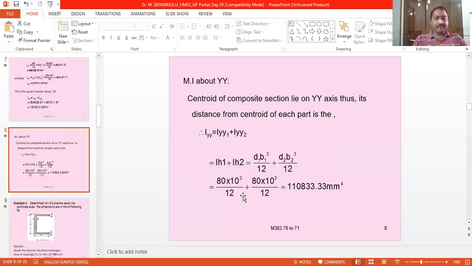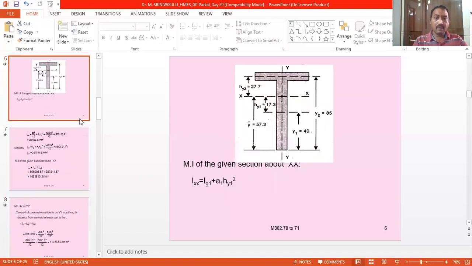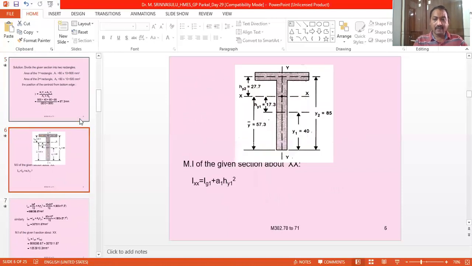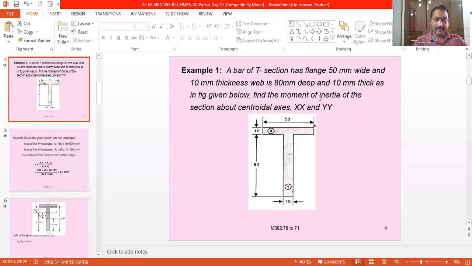Here d1 is the depth, so d1 is equal to 80 and b1 is equal to 10, and d2 is equal to 10 and b2 is equal to 50.